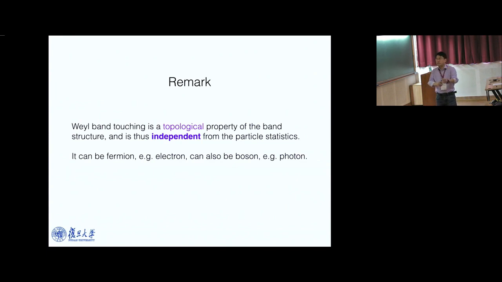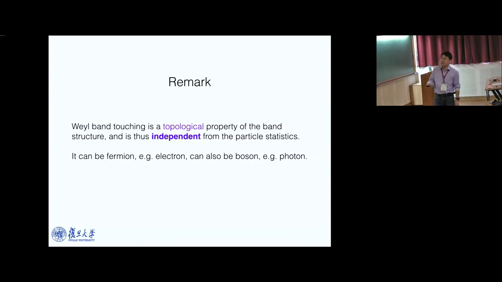It's the topological property of the bands. Once you realize that, this topological property is independent of the particle statistics. It's independent of the statistics of particles that reside on the lattice, reside on the band.